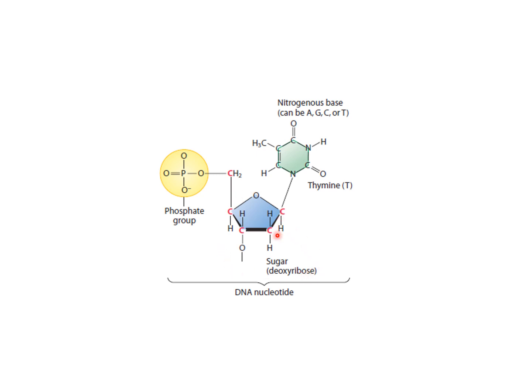Deoxy, of course, because it's missing the hydroxyl. If there's a hydroxyl OH group here on the number 2 carbon, then that would be ribose, which is present in RNA. And then we have the nitrogenous base. We have 4 different nitrogenous bases, but in this picture you can only see thymine. It can also be guanine, cytosine, or adenine.